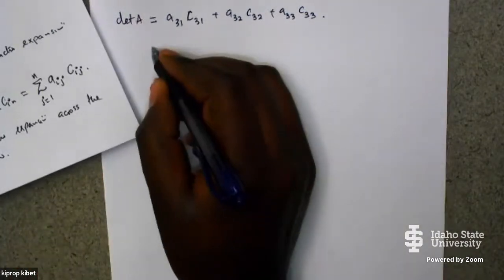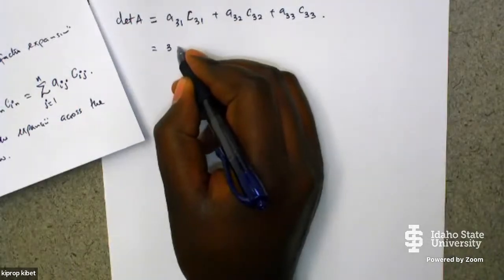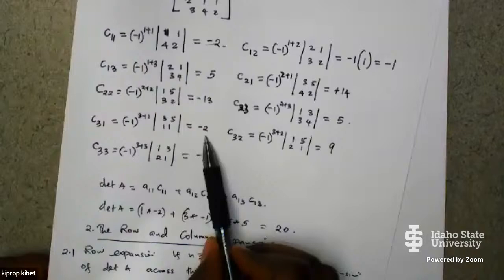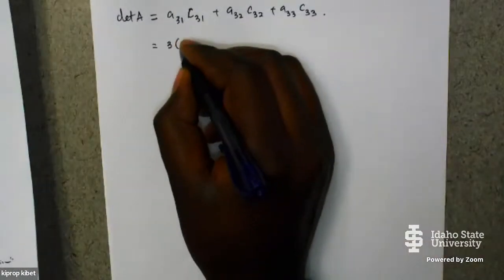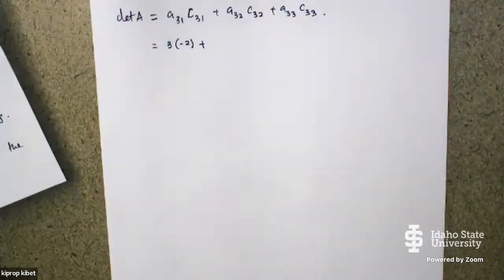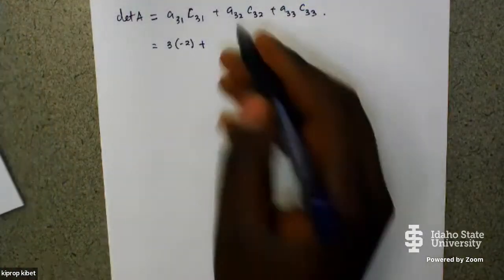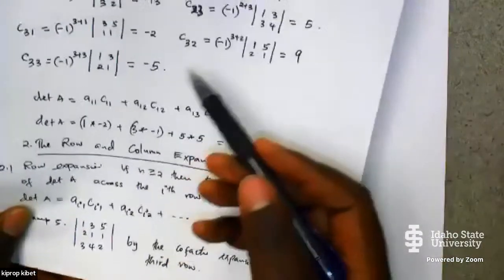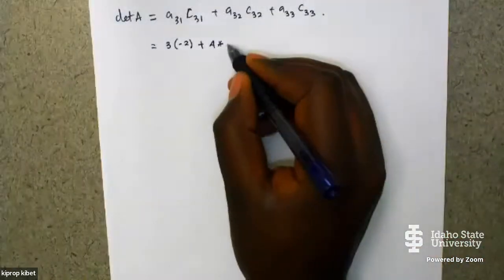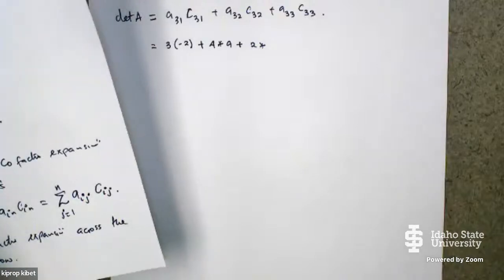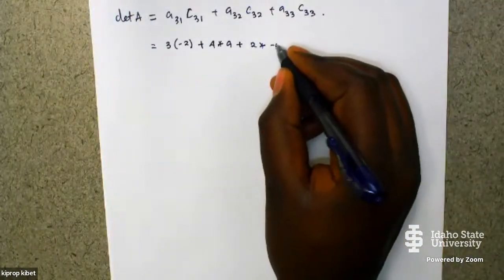A31 is 3 multiplied by the cofactor C31, which is minus 2, plus A32 is 4 multiplied by C32, which is 9, plus A33 is 2 multiplied by C33, which is minus 5.